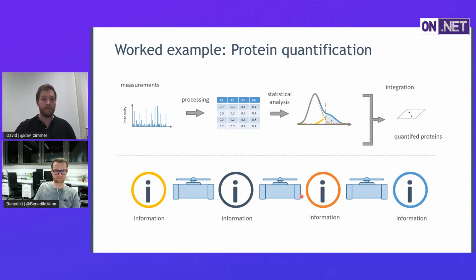Okay, so what you see here is a very simplified scheme of how protein quantification can work. A functional programmer might see that this fits very well into the MapReduce pattern. We start with some measurements, perform processing, perform statistical analysis, do this for independent replicates, and then integrate this and have quantified proteins and hopefully new findings.